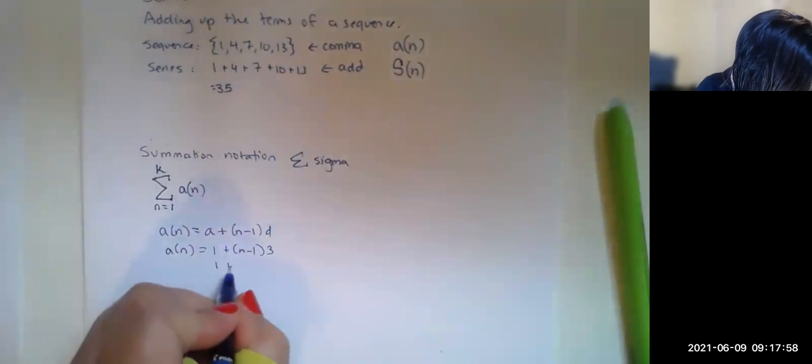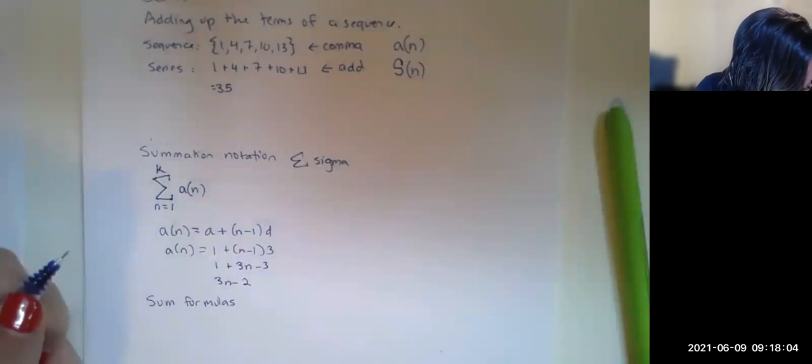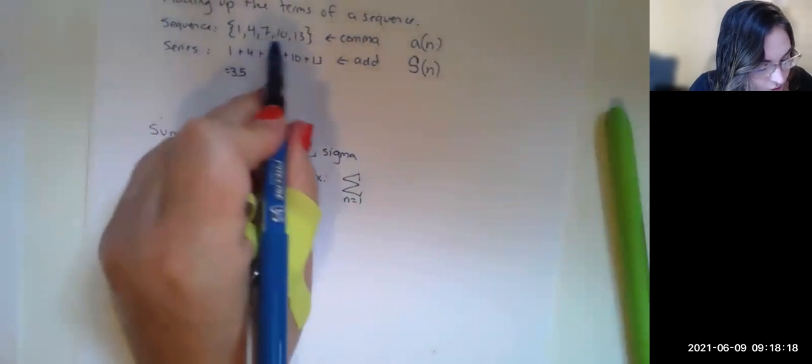You could clean that up a little bit if you want. This is 1 plus 3n minus 3, or 3n minus 2, if you'd like to write it that way. So for writing the sum in summation notation from this example, I'm going to put a sigma, n = 1. Our last term is n = 5 because we have 1, 2, 3, 4, 5 terms up here.